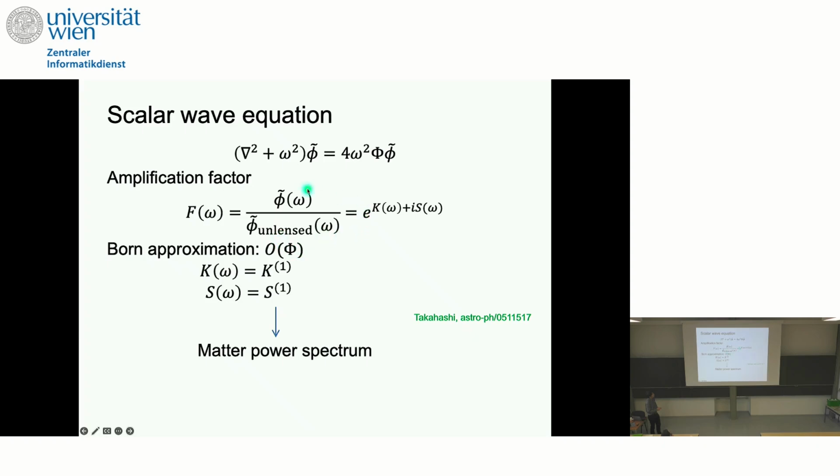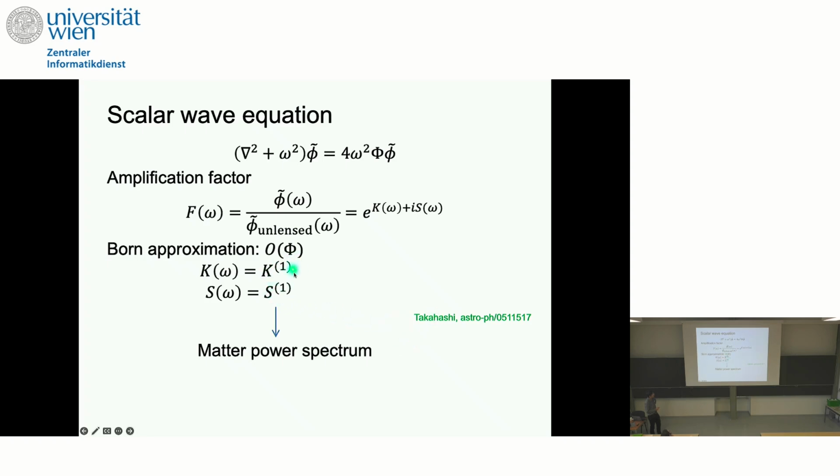If we parameterize the amplification in this way, K and S can be expanded in a series in the power of phi. Then the first order is the so-called Born approximation, investigated in this paper, Takahashi's pioneering paper.